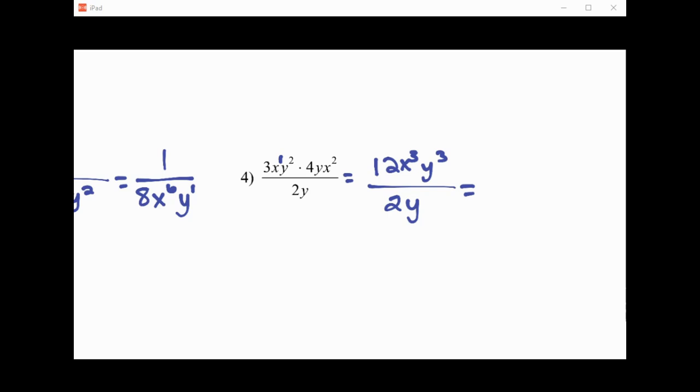So 12 divided by 2 is, oh, sorry. I thought someone was asking a question. Never mind. There's only 1 x, so it's just going to stay. And then there's more y's on top, so it'll go on top. And if I subtract, there's 2 left. Cool?